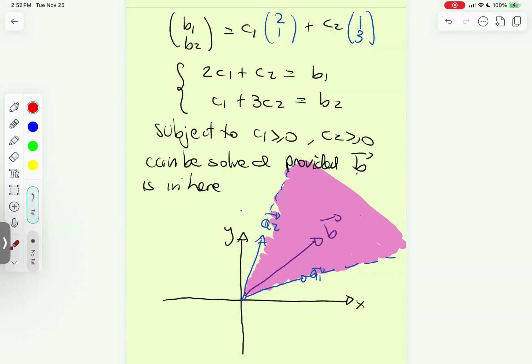If A2 becomes minus A1, you collapse it to a line. That's still convex, it just has no insight, and we care more about the ones that have insight.